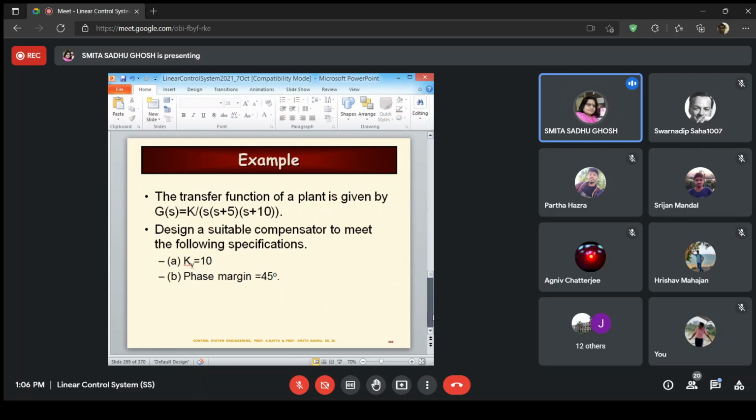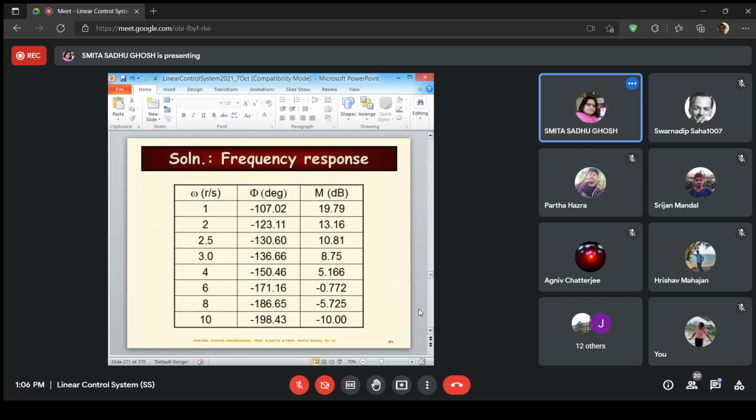So now, if I place the lead compensator, say at 8 radians per second, now at 8 radians per second, the phase of the uncompensated system is equal to minus 186.65, right?